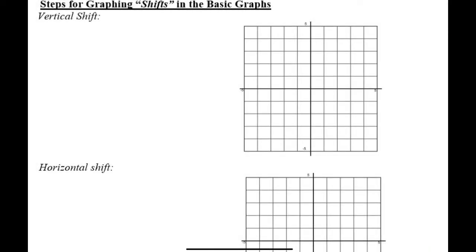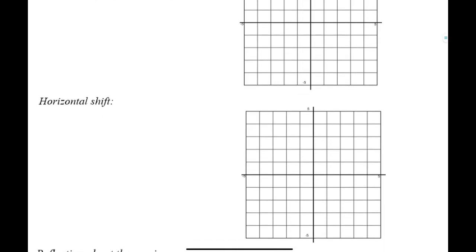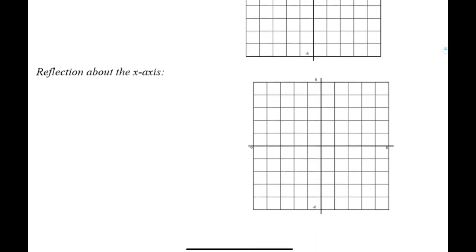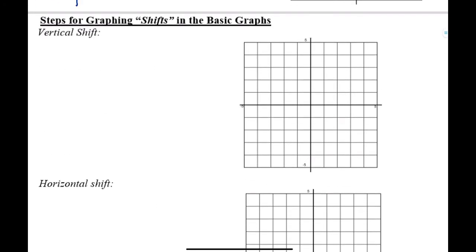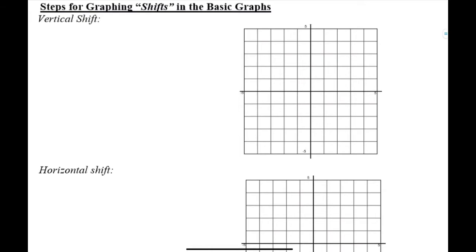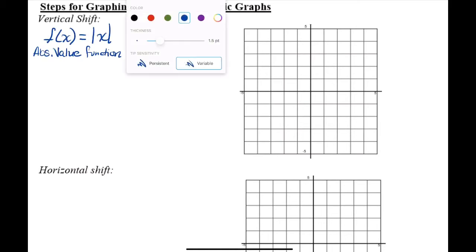Let's talk about some of the general rules here. There are rules for vertical shifts, for horizontal shifts, and for reflection about the x-axis. So the vertical shifts are going to go like this. I'm going to jot down some of the more common graphs. All right, so that's an absolute value function right there. And now what's going to happen is a vertical shift.